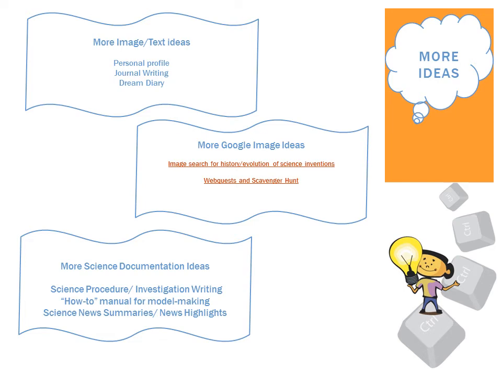Again, Stage 3 need not be restricted to only lab reports. Although this is not related to science, students may find it fun to recreate and explain a dream sequence and find images resembling their dreams. You can also use Google Images to create picture stories of important scientific events and discoveries.